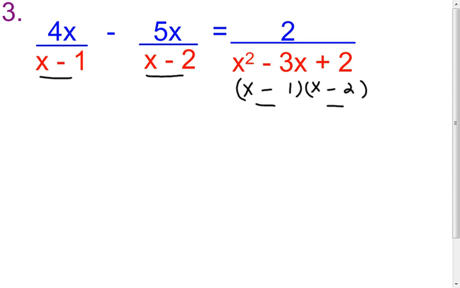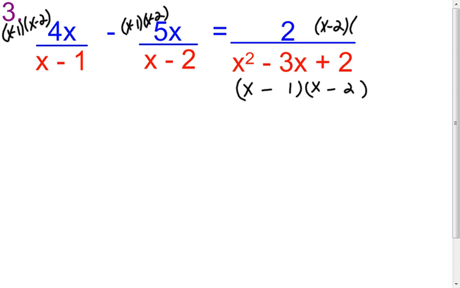Your common denominator would be every different thing put together, so x minus 1 and x minus 2. So I am going to multiply each term by x minus 1 and x minus 2. That is going to bring those variables out of the denominator so that we can bring them to the numerator and solve them.